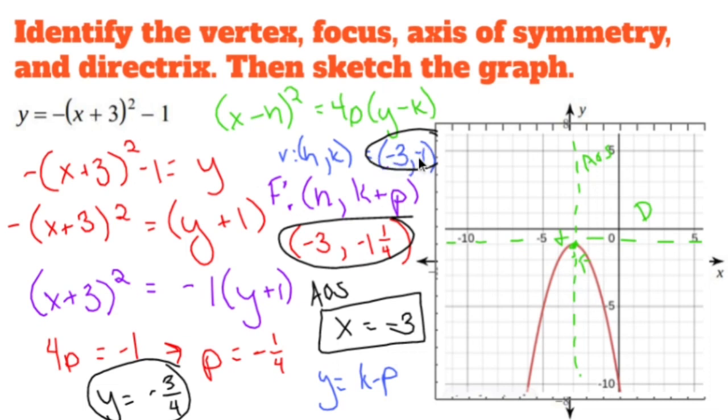If you know what your vertex is and it's -3, -1, then plug in -2 and see what y value you get. Plug in -1 and see what y value you get. And whatever you start graphing over here, the same exact thing is going to happen over here because this acts as a mirror image. So graphing parabolas when they're in this standard form is never fun, but we did it, and I had a great time. Parabolas.